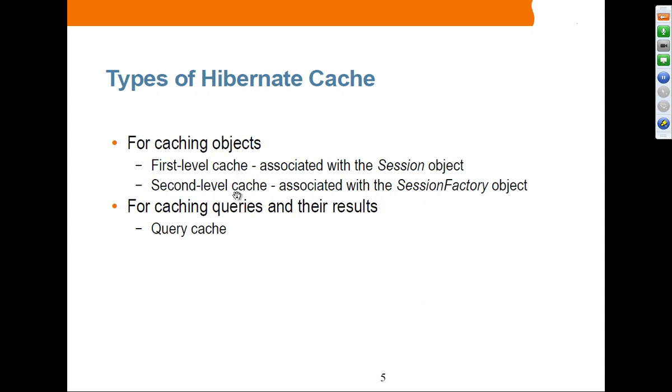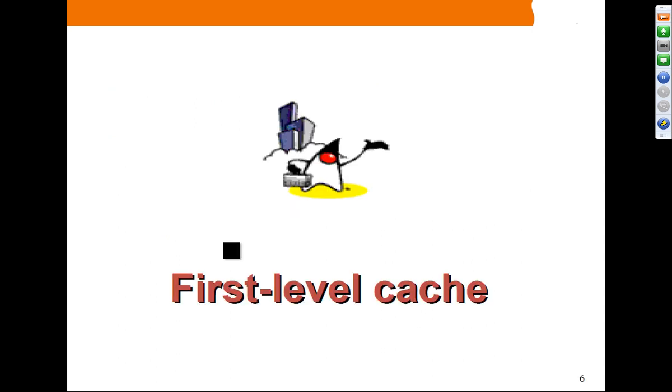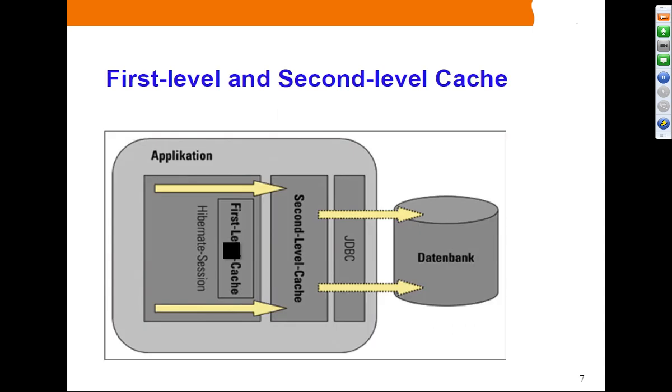Okay. Second level cache is something that you have to configure. As a default, there is no second level cache enabled. And same thing for query cache. You have to configure query cache. So let's talk about each of these in a bit more detail. First level cache. So this is how the first level and second level cache works.